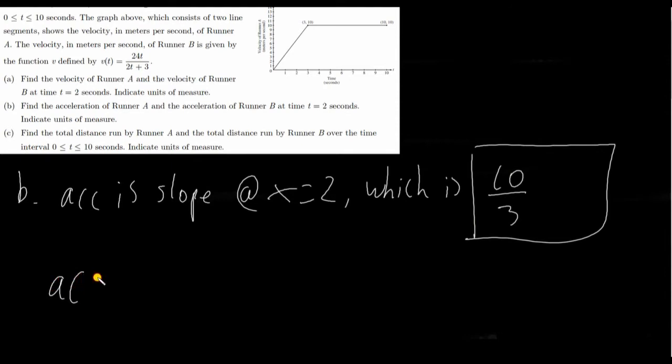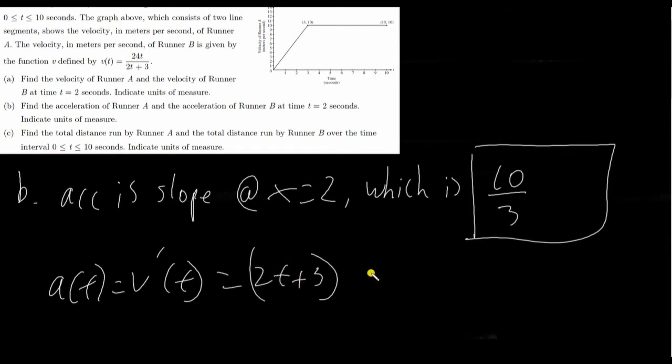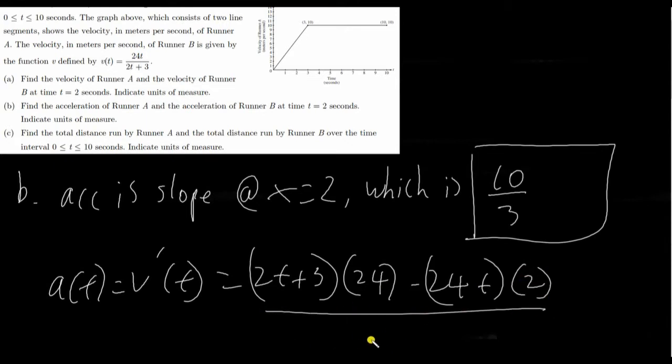So the acceleration is the derivative of velocity, v prime of t, which is going to be the bottom, 2t plus 3, times the derivative of the top, 24, minus the top function, 24t, times the derivative of the bottom, which is 2, all over the bottom squared, all over (2t plus 3) squared.